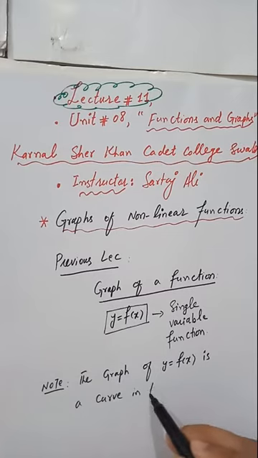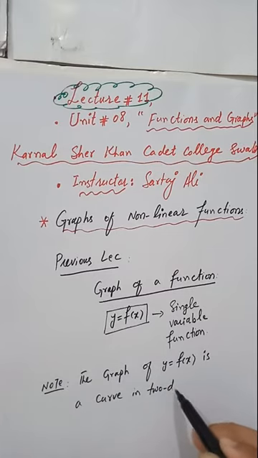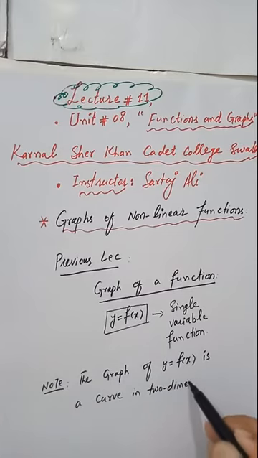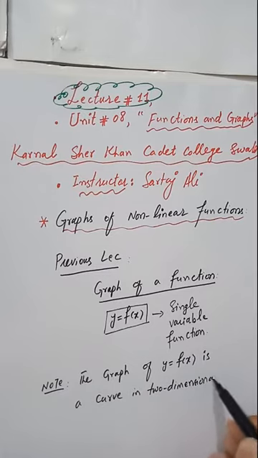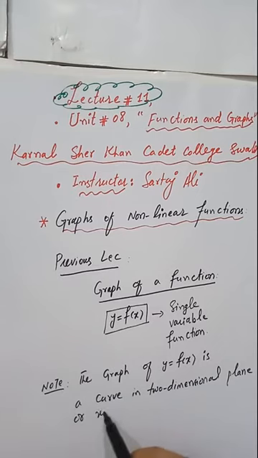in the two-dimensional plane, or xy plane, because the curve is actually a set of points, and for each and every point of the plane you must have an ordered pair.